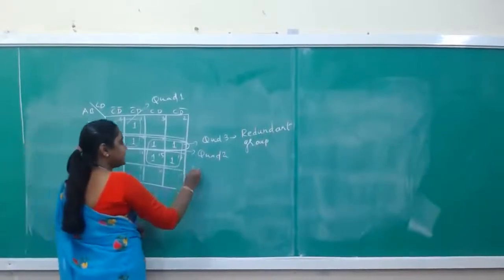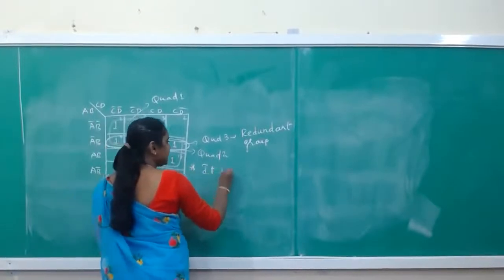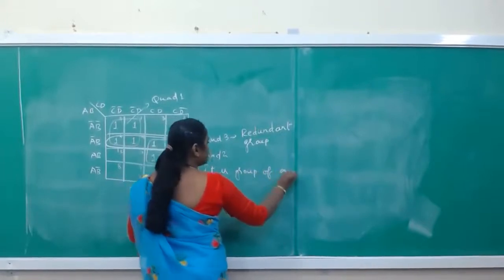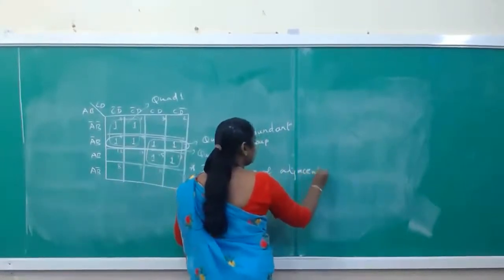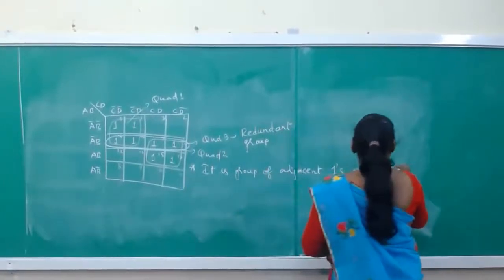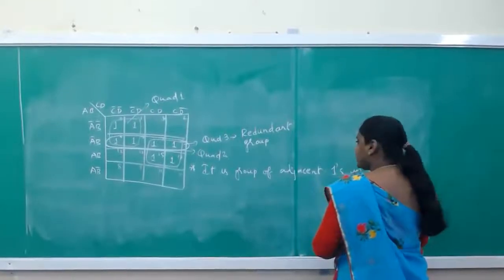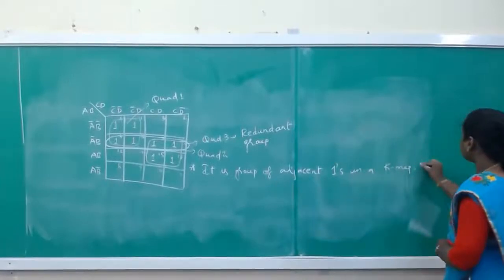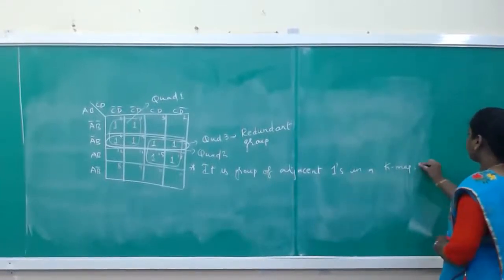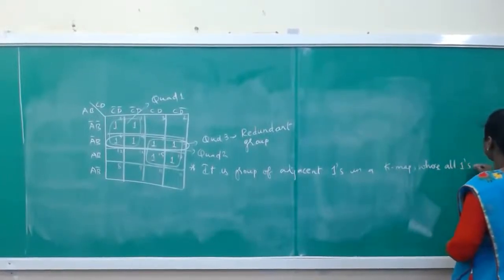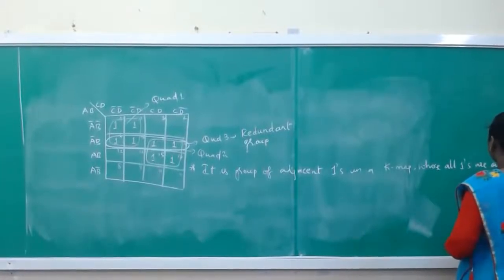I will write the definition. It is a group of adjacent ones in a K-map, whose all ones overlap.